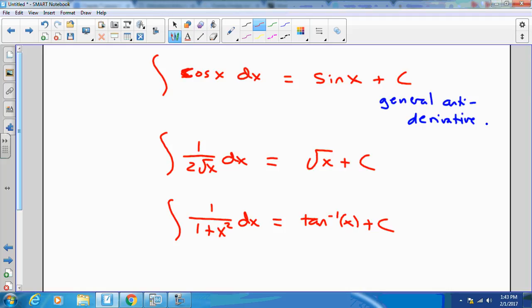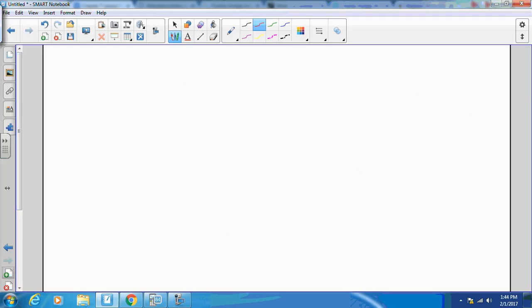Finding antiderivatives is going to be a matter of knowing the derivative rules well, that's first. And second of all, it is going to be much more like solving a puzzle than it is going to be following a bunch of rules. Does that make sense? We will have some antiderivative rules, but generally speaking, we're going to rely on our puzzle solving ability.